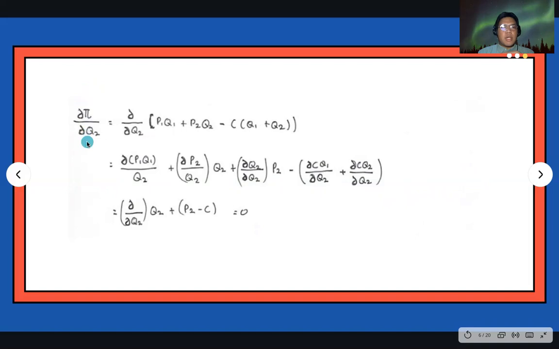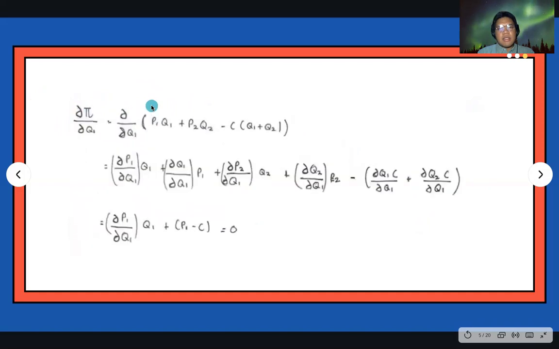It is also the same with the product of country 2, which we state as dou pi over dou Q2 equals this function. We want to distribute this derivation just like the first function that we have done before.